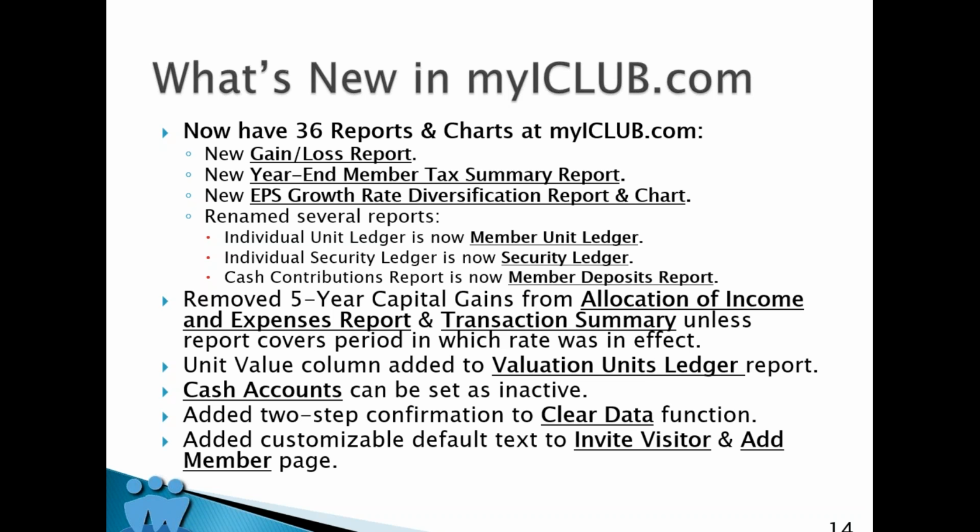And of course, every time Congress authorizes a lower tax rate, they find new ways to spend money, so they've got to eliminate lower tax rates. So the 5-year capital gains rate went away. It was being shown on reports, but it really only was relevant if the report covered a period that rate was in effect. So we've cleaned that up a little bit, which should make things a little less complicated on that capital gains report or the allocation report.